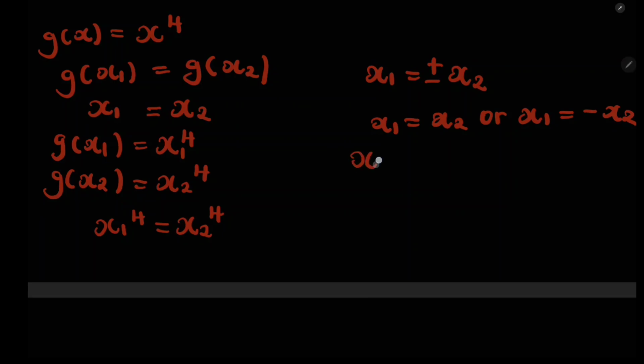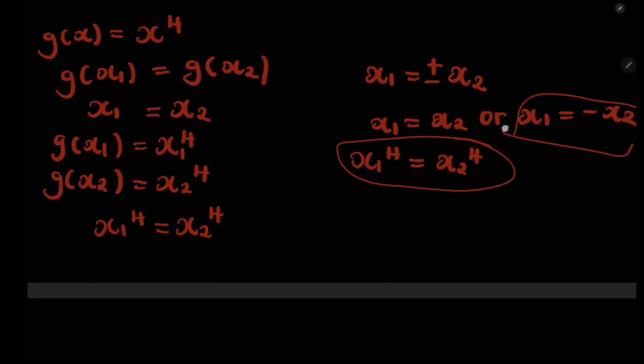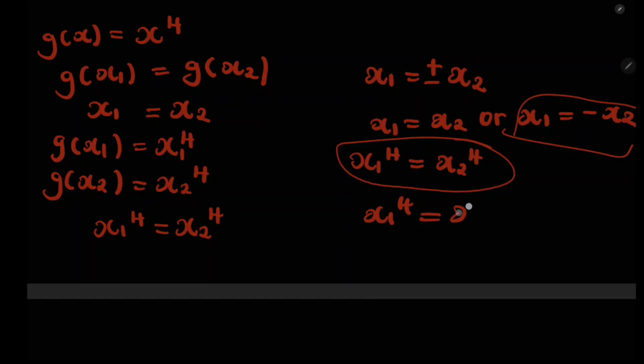If we test for x1 to the power 4 equal to x2 to the power 4, this would give us what we are looking for. Yes, it will be injective, but this second case will not apply. So if we have minus x1 equal to, we have x1 to the 4 equal to minus x2 to the 4.